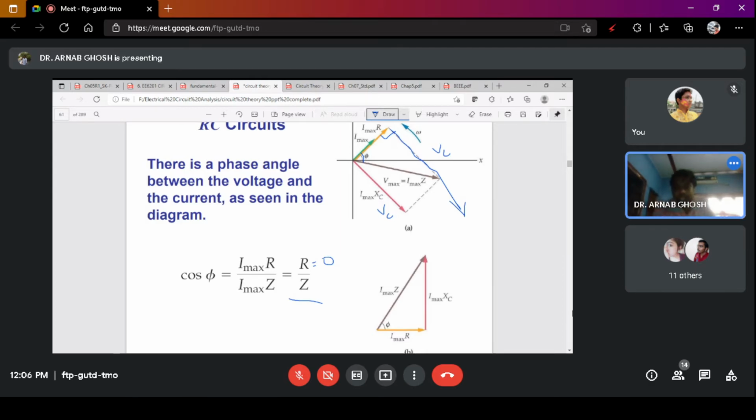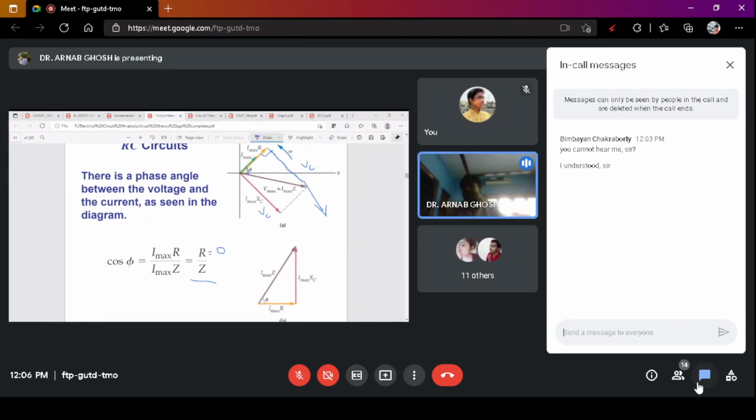See, if the cos phi value decreases, just listen to this carefully. The cos function and the sine function are complementary to each other. So when the cos value increases, the sine value decreases, and when the sine value increases, the cos value decreases.